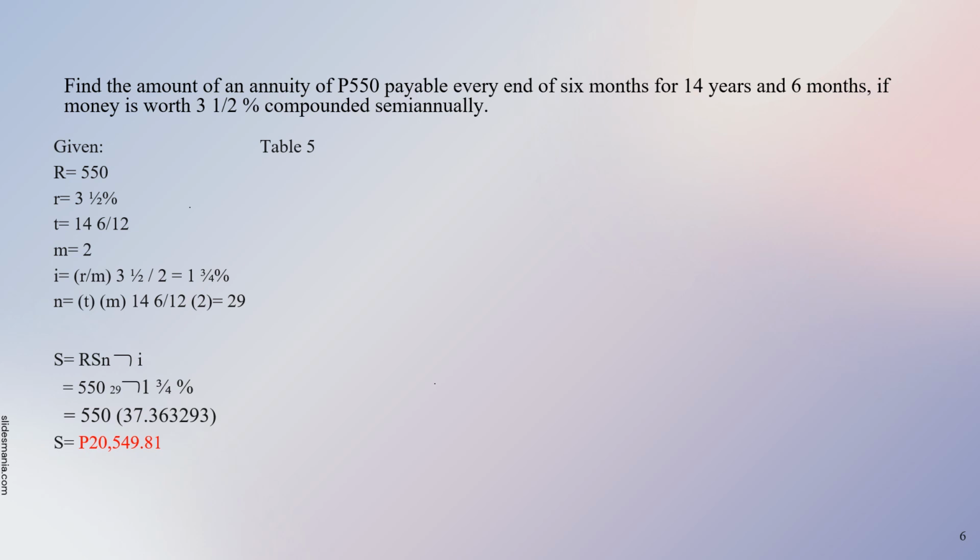So 550 multiplied by the value, that's 37.363293, and that's how we get the amount of the annuity or the sum of the amount, 20,549.81 pesos. So this is now our final answer.